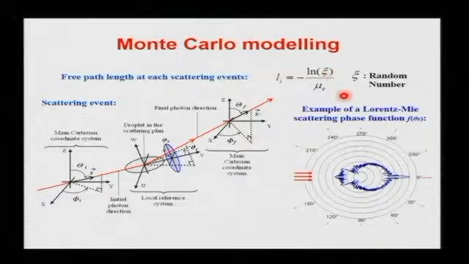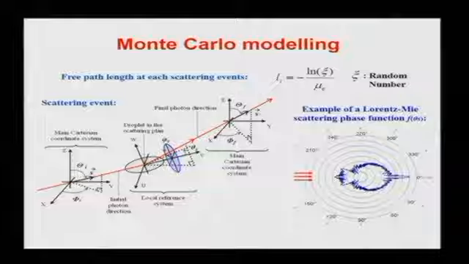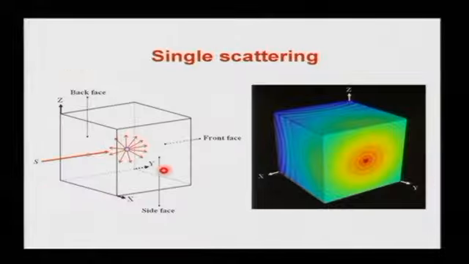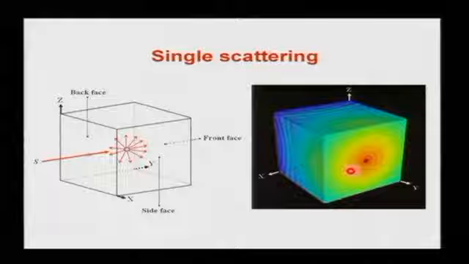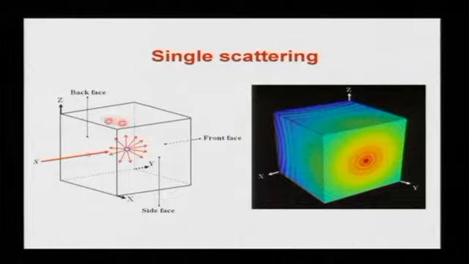That random number is why Monte Carlo is called Monte Carlo, because we use random generation. That's actually a very powerful technique, because we're able to use it from single scattering to multiple scattering. Imagine, for example, if we illuminate an elementary volume with one particle, we're able to count how the photon packets are scattered and what they will form in terms of, let's say, the scattering function on any part of this elementary volume.